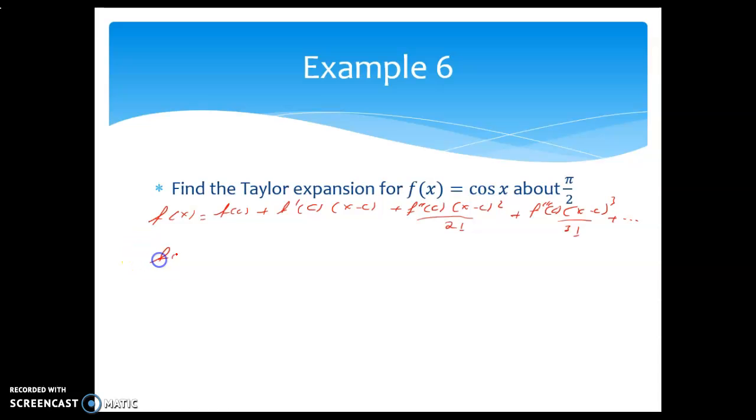So here I have my f of x equals cosine of x. That means f of pi over 2 is going to be equal to 0. F prime of x is going to be equal to negative sine of x. F prime of pi over 2 is equal to negative 1.